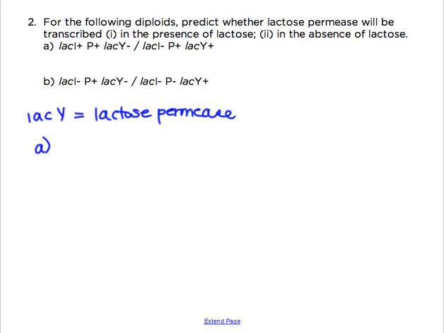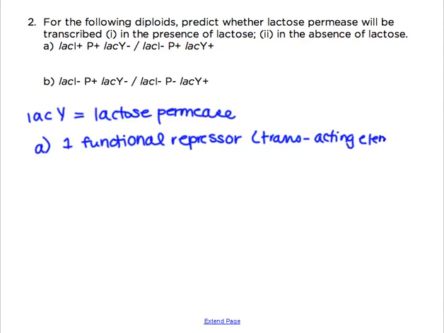So let's look first at the repressor. You have one functional, wild-type copy of the repressor protein. So one functional repressor. Remember that the repressor is a protein, so therefore it is a trans-acting element. Okay, both promoters are wild type and they work fine, so that's no problem there.